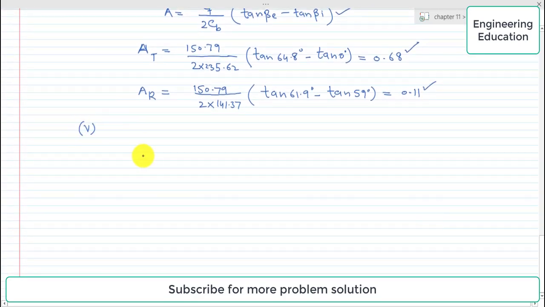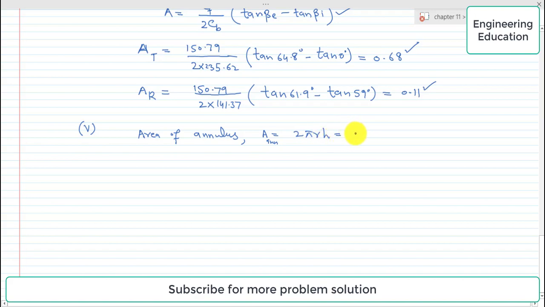Now further, fifth, we have to find the power output. Before finding the power output, we will need a mass flow rate value. For this, first we find the area of the annulus, which is required in further problem solution. So area of the annulus, represented by capital A with subscript ANN, is equal to 2 pi RH.